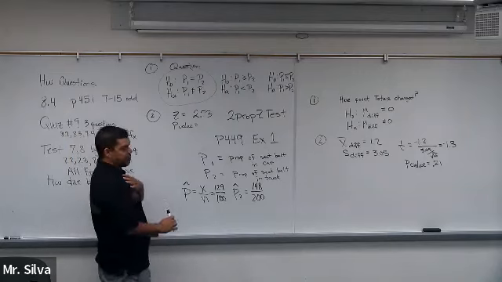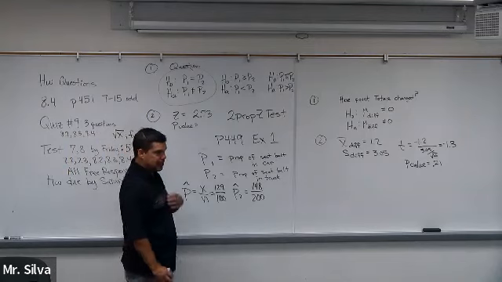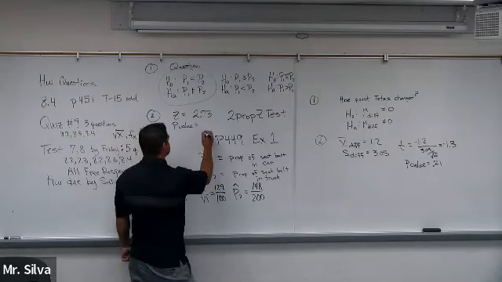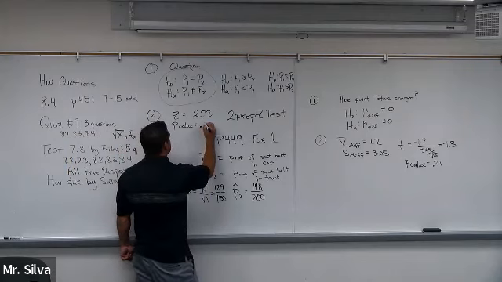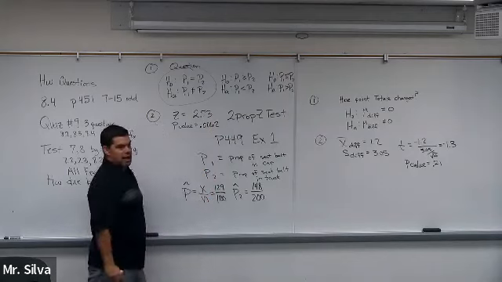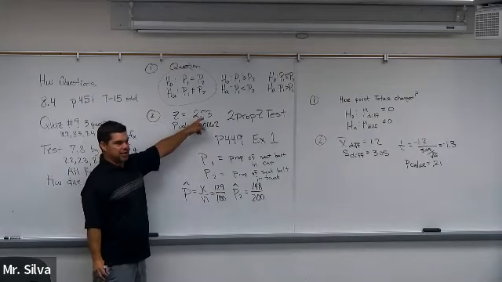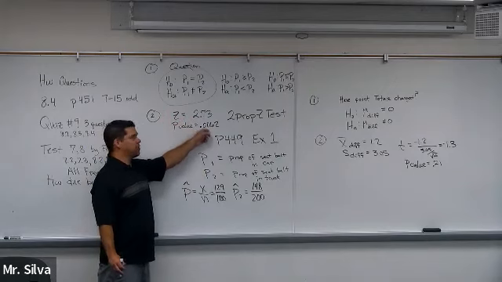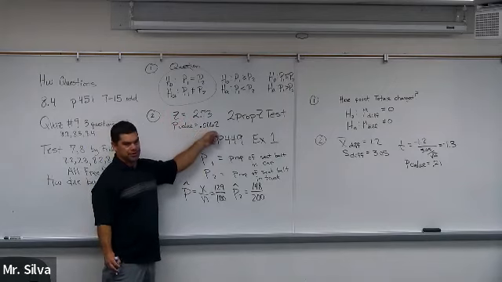I am curious what the p-value is. It's going to be a small p-value, 0.00 something, right? I could have just looked up negative 2.73, got the p-value, multiplied by 2, 0.003 times 2 is 0.006.